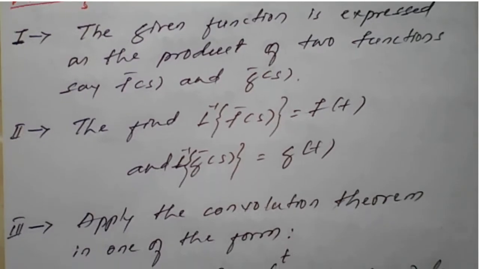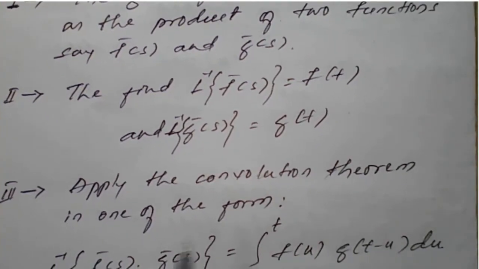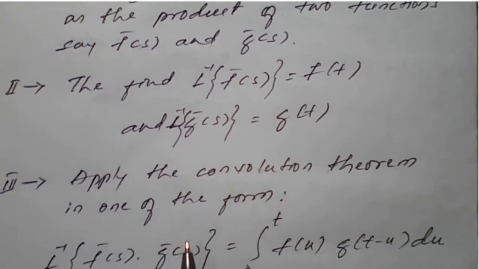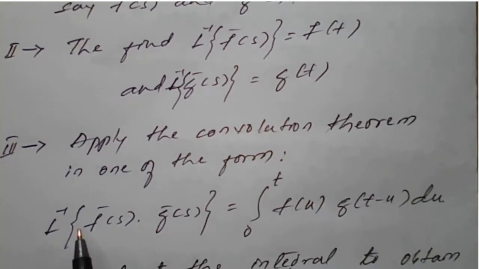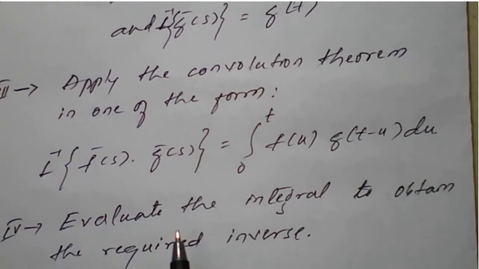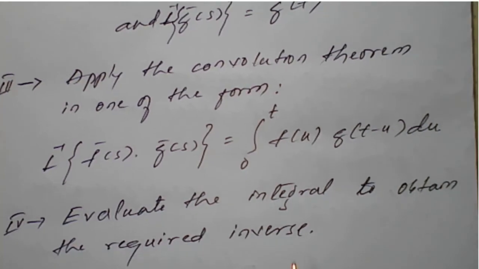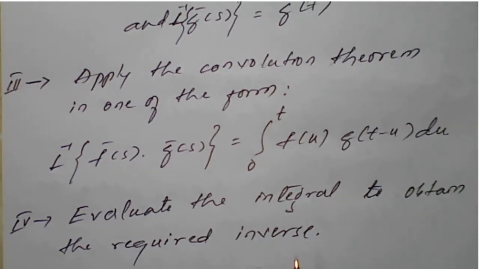Once we get f of t and g of t, we can apply the convolution theorem: inverse Laplace of f dash of s into g dash of s is equal to integration over 0 to t f of u into g of t minus u into du. Once we get this integration, we need to simplify this integral to obtain the required inverse solution of the given function.